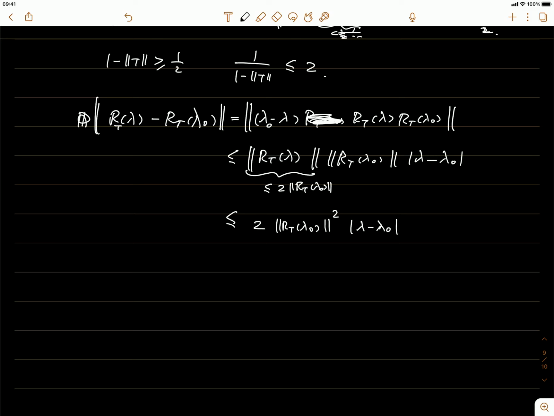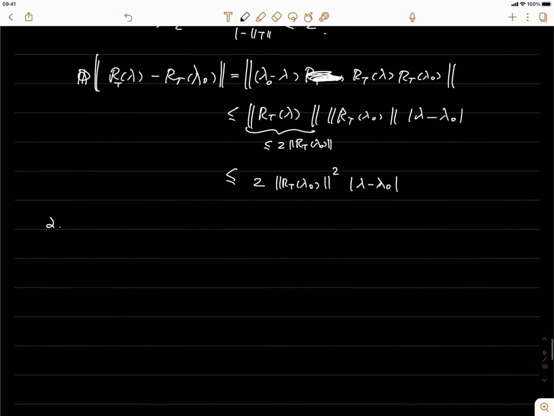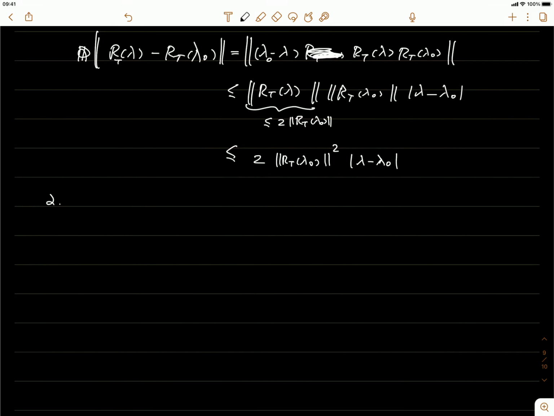Because lambda naught is an arbitrary point from the resolvent set, the RT is continuous on the resolvent set rho of T. Okay, that's continuity. And then we need to show the differentiability.